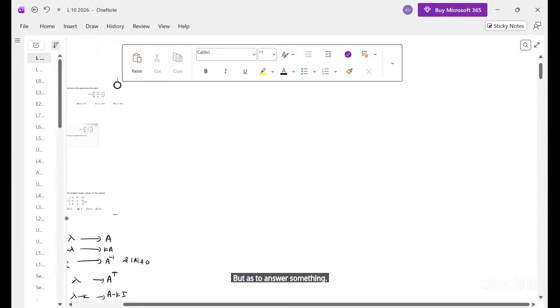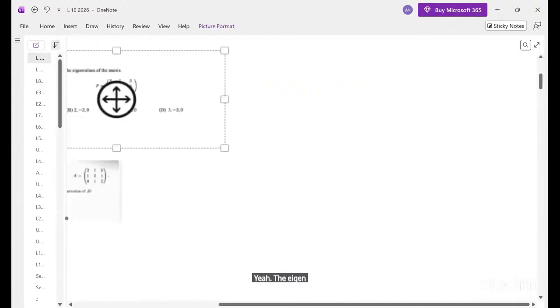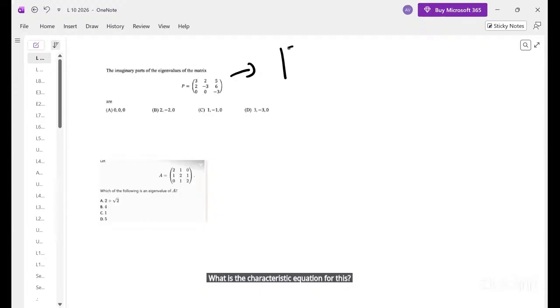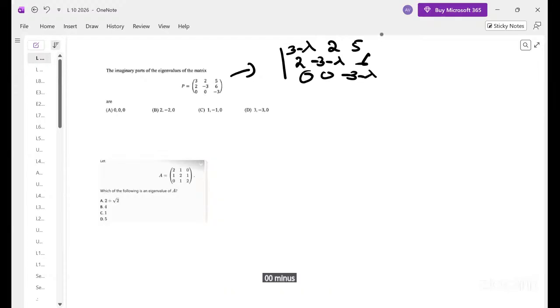Here, the imaginary parts of the eigenvalues of the matrix are asked. I have taken 3, 2, 5, 2, minus 3, 6, 0, 0, minus 3. Did I take correctly? What is the characteristic equation for this? 3 minus lambda, 2, minus 3 minus lambda, 6, 0, 0, minus 3 minus lambda.